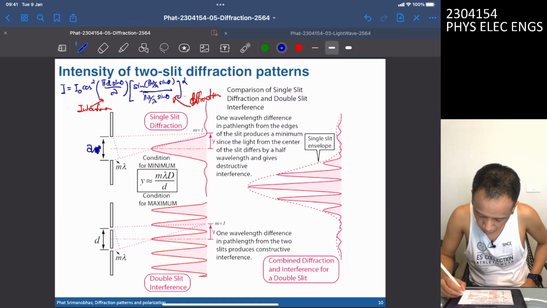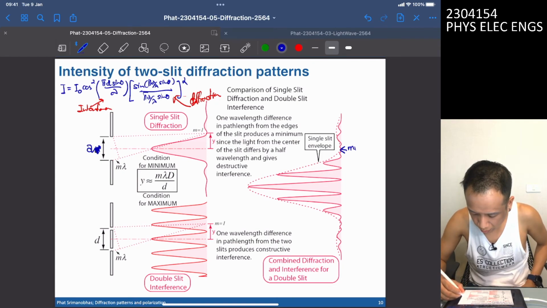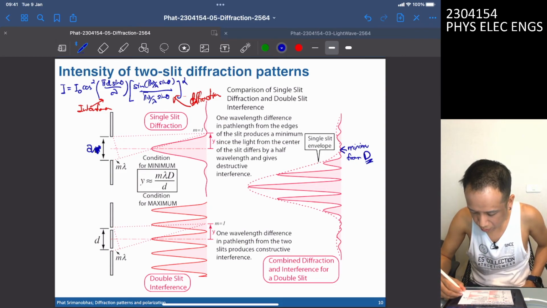Okay, so we are talking about these positions. So this position is a minimum from diffraction. Okay, and in this place, what is m?